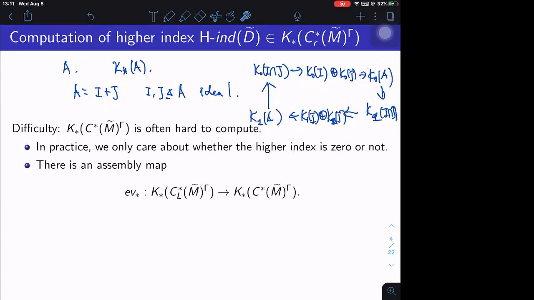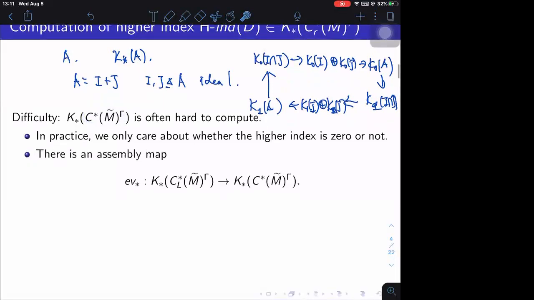But the problem is this. I'm not telling you the definition of this sister algebra now, but I'm going to tell you this algebra is global. So in other words, it does not have many canonical ideals. As a result, it is very hard to compute in practice.